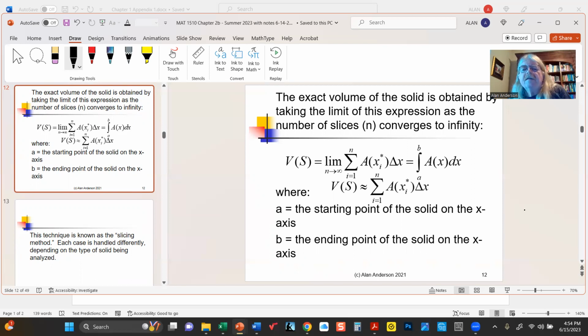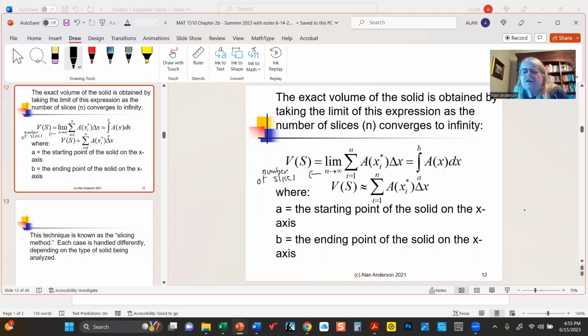Now, you notice n goes to infinity means the number of slices is approaching infinity, which implies that delta x is approaching 0. More slices means each one is less wide, so in the limit, n is approaching infinity, or equivalently delta x is approaching 0. So you end up with what we're looking for.